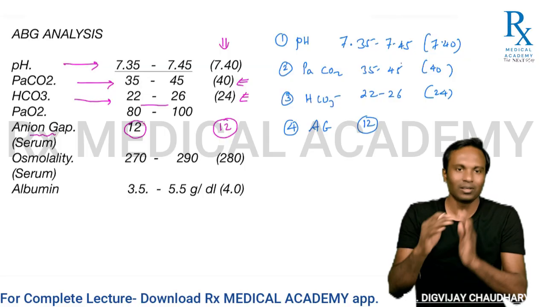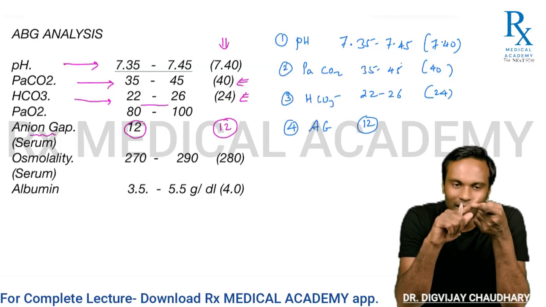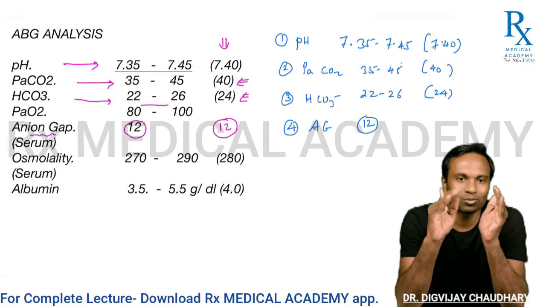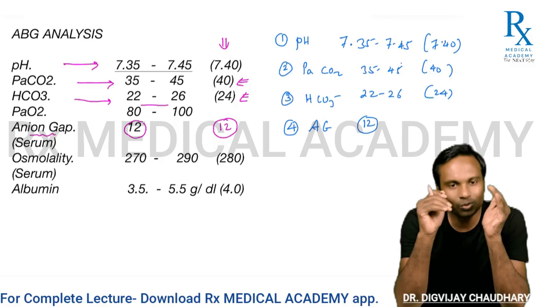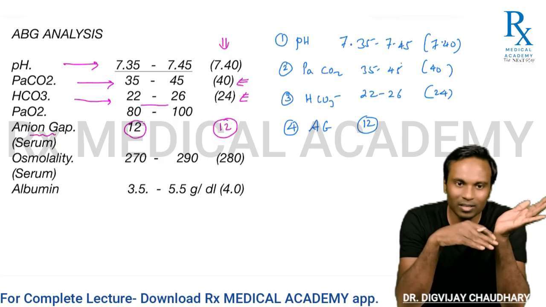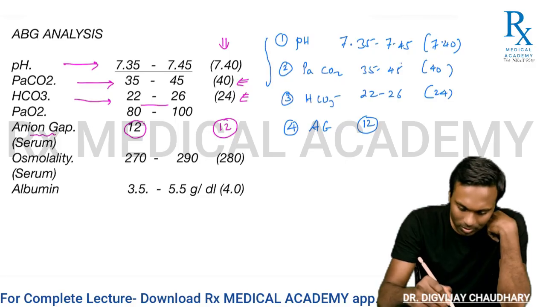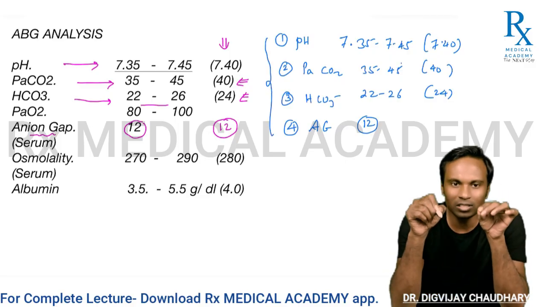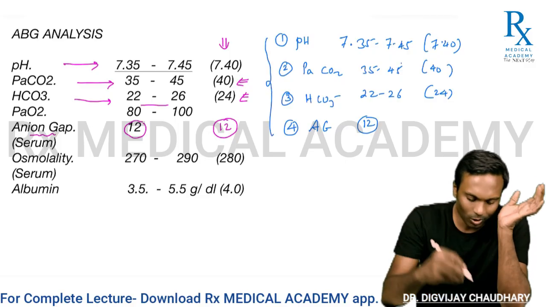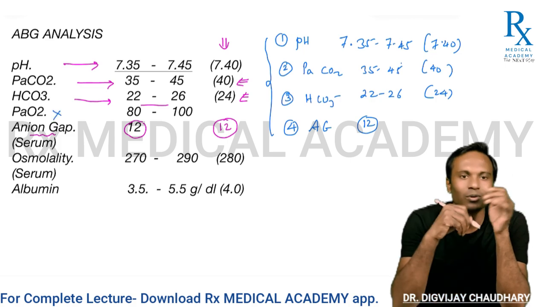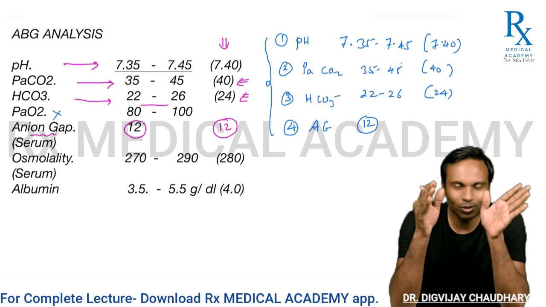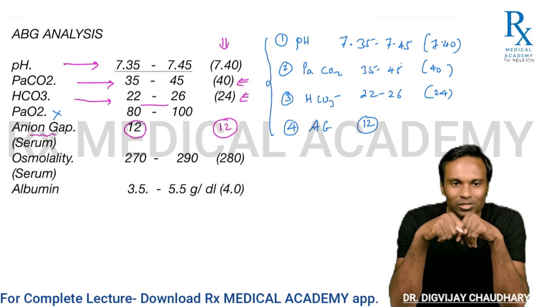Anything above 12 will be considered as high anion gap. We will discuss what is blood anion gap, what is urine anion gap, what is its normal level, how it is calculated. But as of now, try to remember values of all these four parameters. I have already discarded PaO₂, oxygen, for the purpose of solving multiple choice questions.